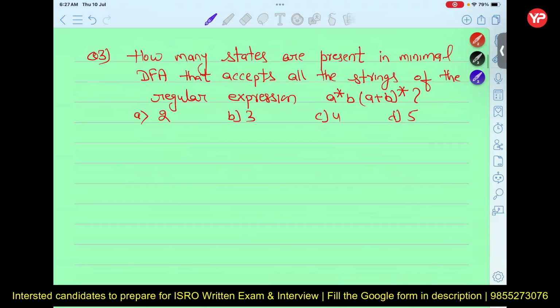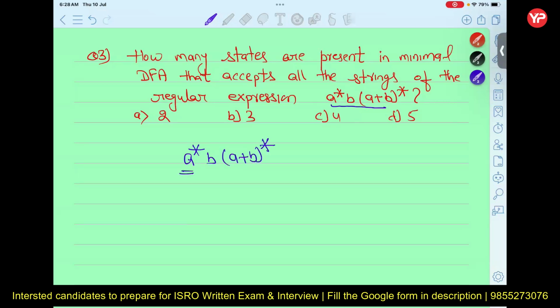Again, how many states are present in the minimal DFA that accepts all the strings of the regular expression? The regular expression is given to us and we need to find the minimum number of states. The regular expression is A star, B, then (A plus B) whole star.